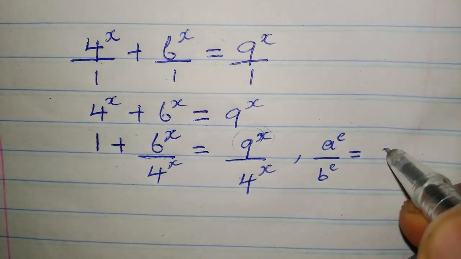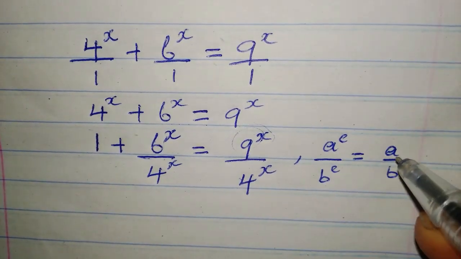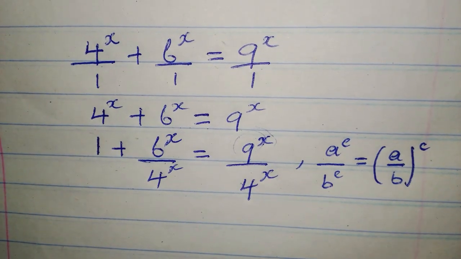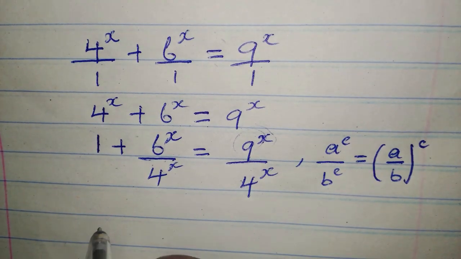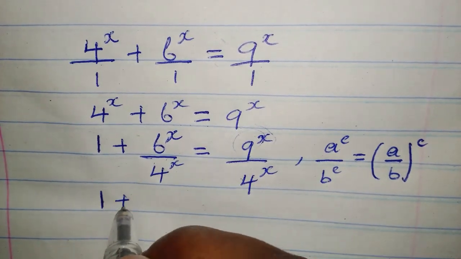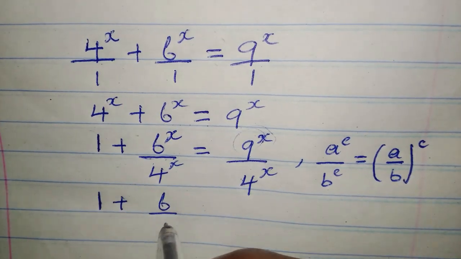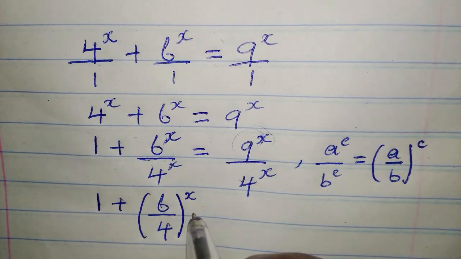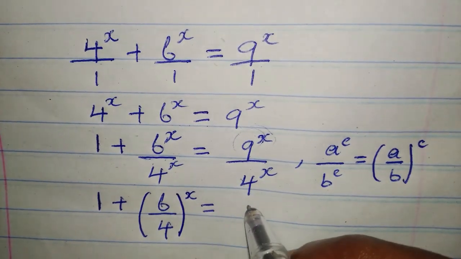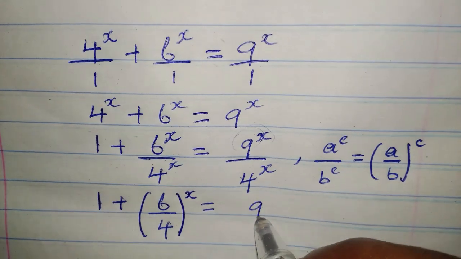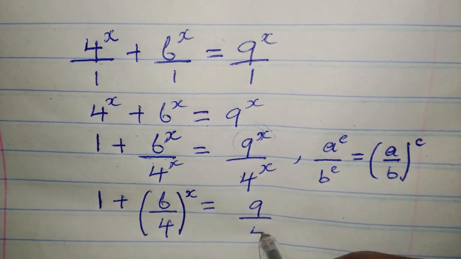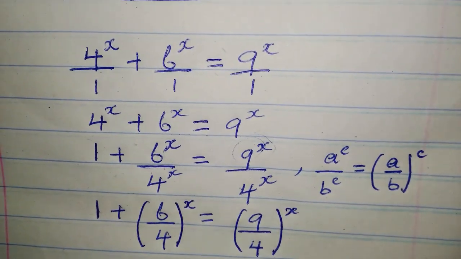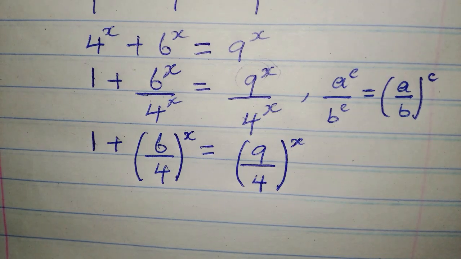If we put this rule here, we have 1 plus (6 divided by 4) all to the power of x, equals, putting this rule here also, (9 over 4) all to the power of x. So this is what we are now having.